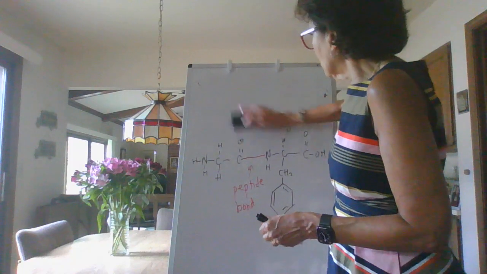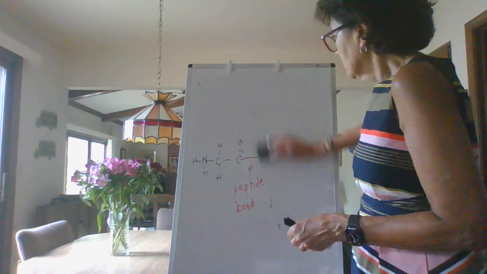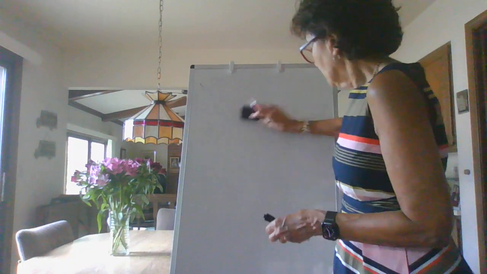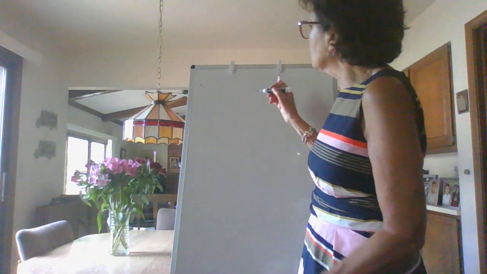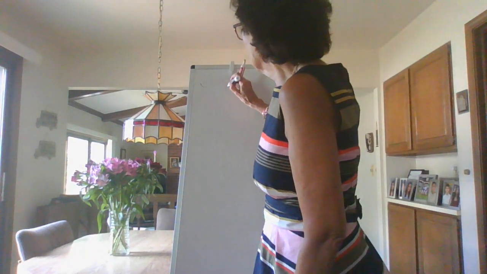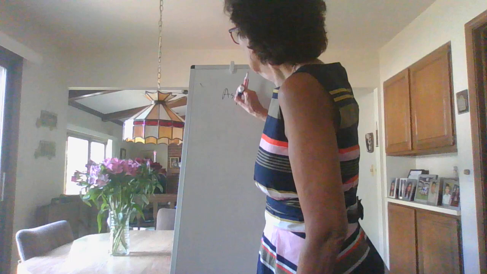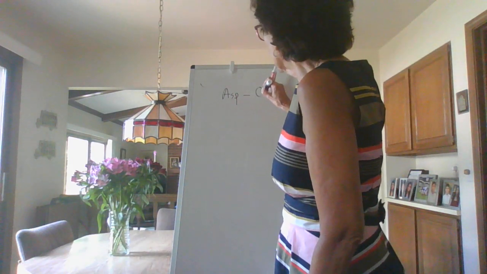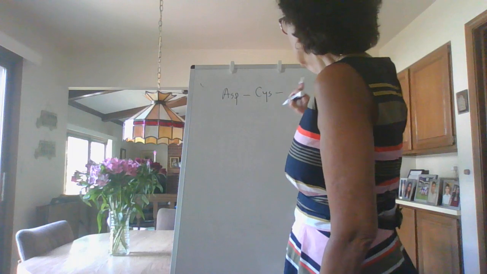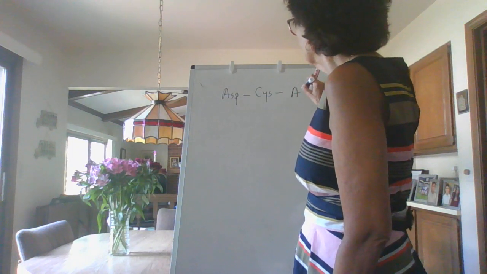What would that look like? Well, let's see. Tripeptide. Let's say I have a tripeptide with aspartic, and let's say I have cysteine, and let's say I have alanine.